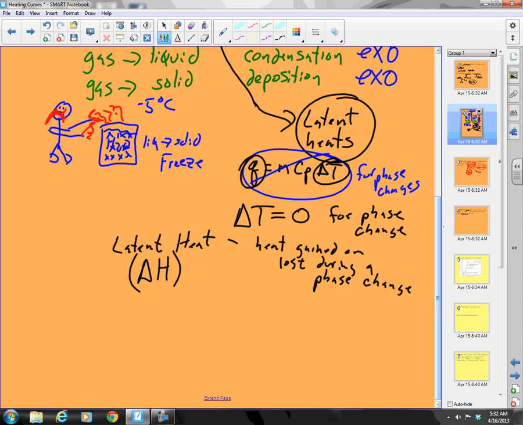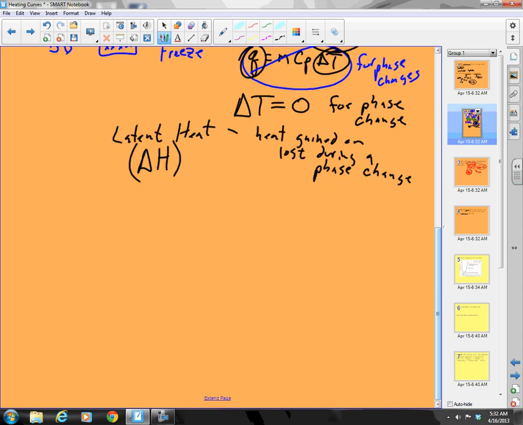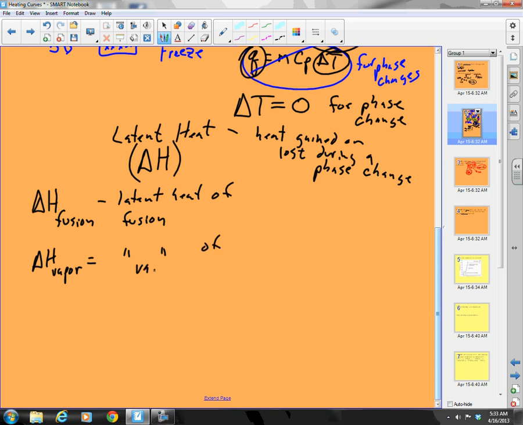And we have 6 latent heats. Can you believe that? I have delta H fusion, which would be the latent heat of fusion. I have delta H vaporization, which would be the latent heat of vaporization.